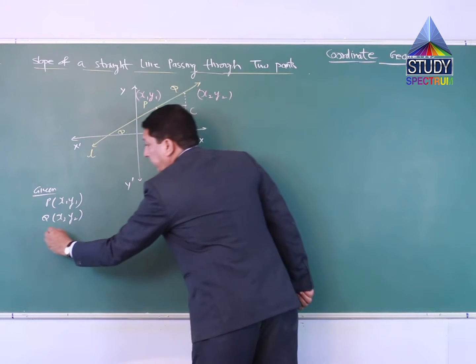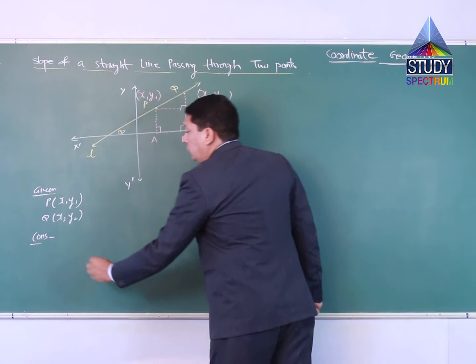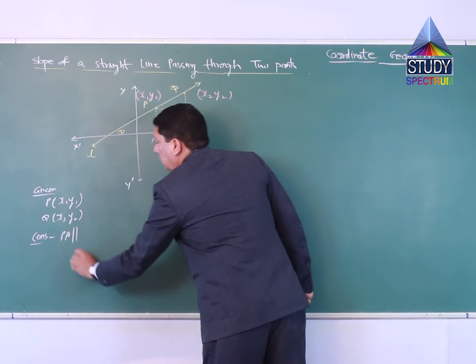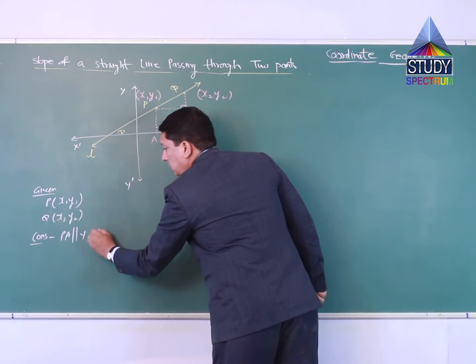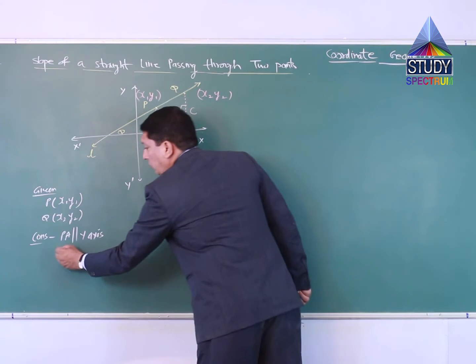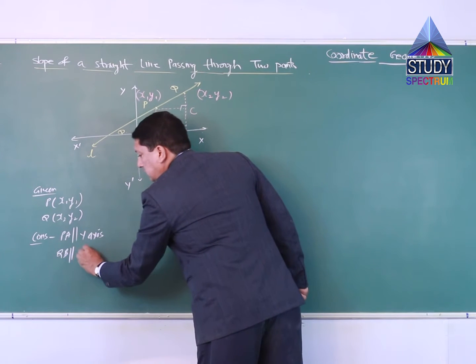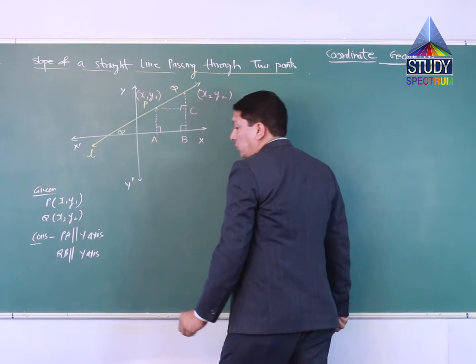So construction we are doing: PA parallel to y-axis, then QB parallel to y-axis, and PC perpendicular to QB.